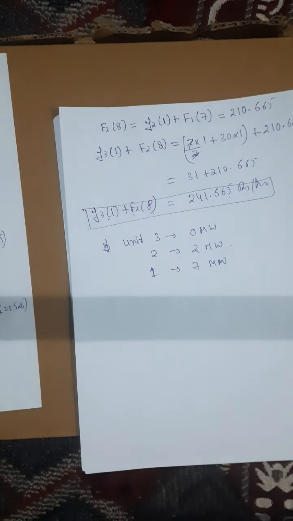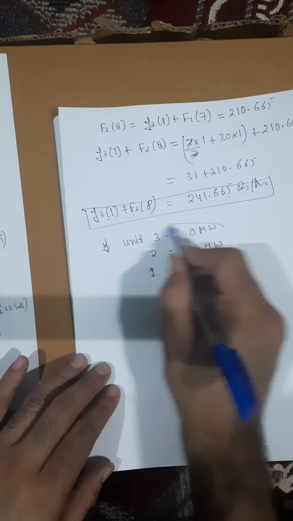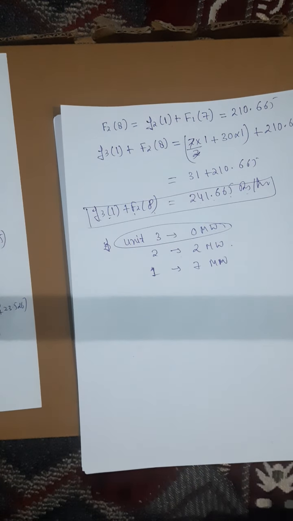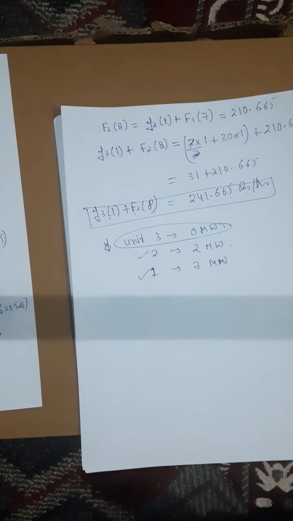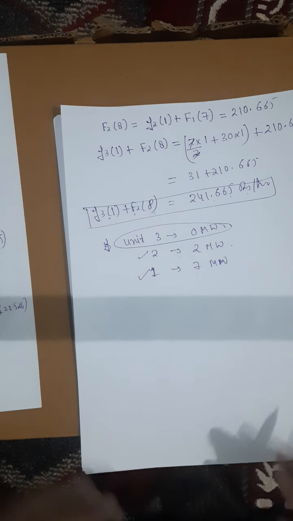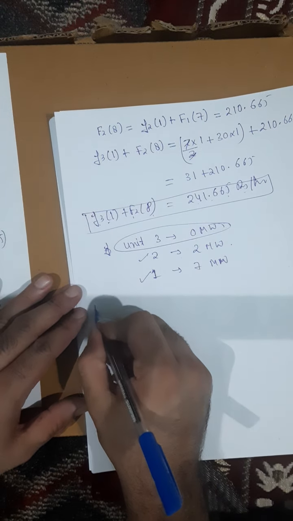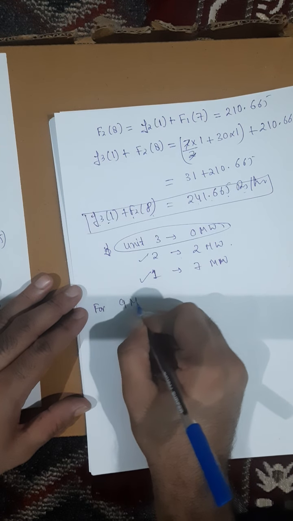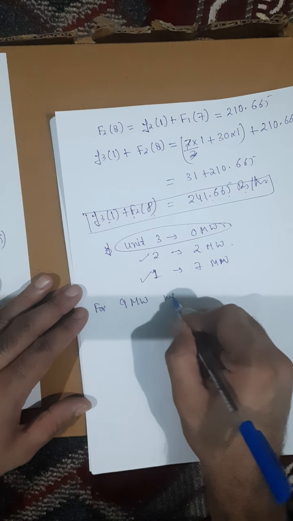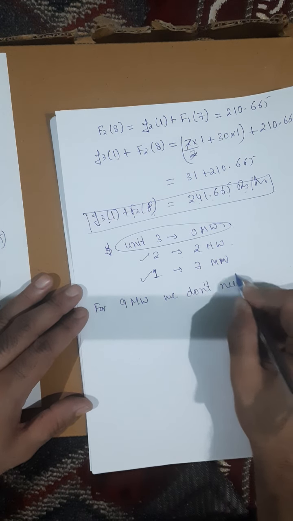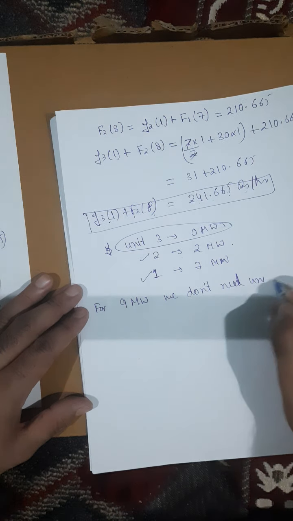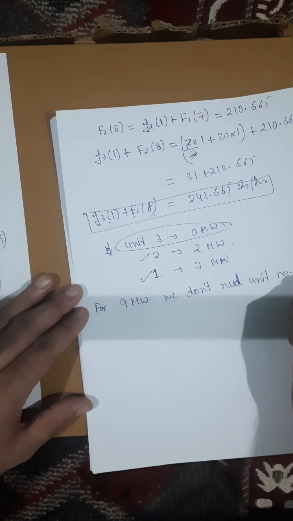So for 9 megawatt we do not need unit 3 because it is not participating. Only unit 2 and unit 1 are participating. What does this mean? This means that for 9 megawatt we don't need unit number 3.